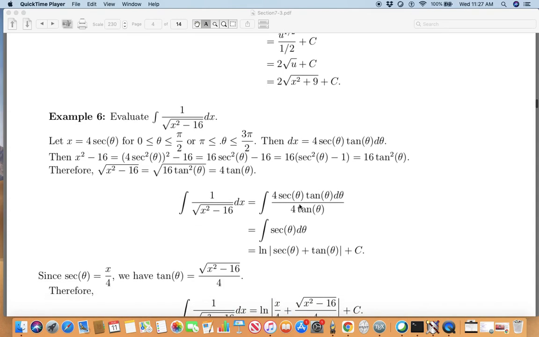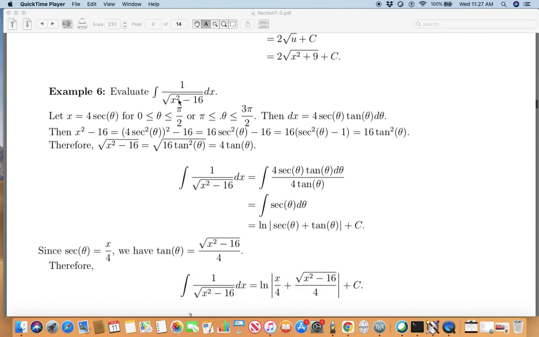Okay. Now here is the integral of 1 over square root x squared minus 16 dx. Now x squared comes first, so this is some kind of a secant. So take square root of 16, that's a 4. x is 4 secant theta. So what is dx? It is 4 secant tan. Derivative of secant is secant tan.